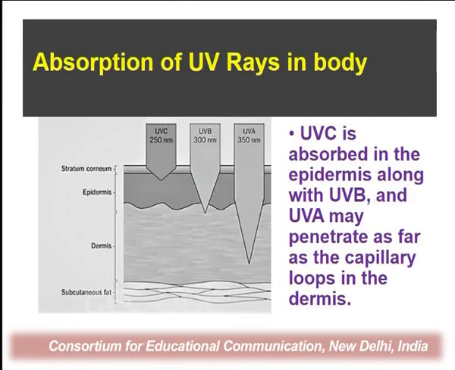Now, we'll see how UV rays are absorbed in the body. UVC is absorbed in the epidermis along with UVB, and UVA may penetrate as far as the capillary loop in the dermis. The superficial layer of our body is the skin.